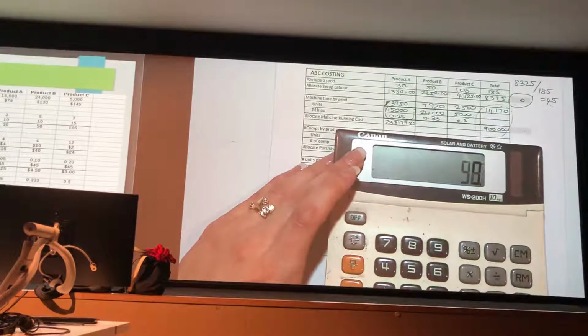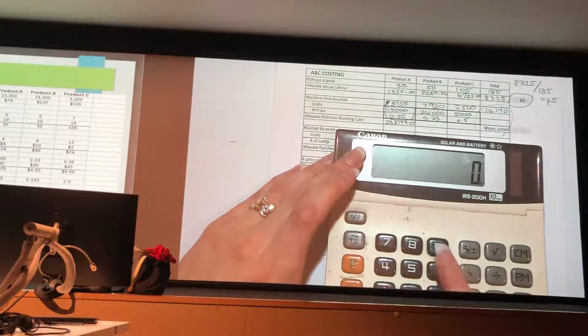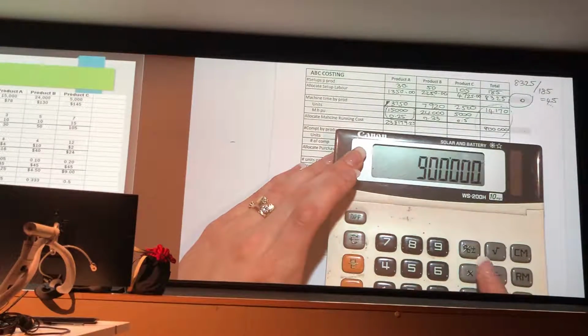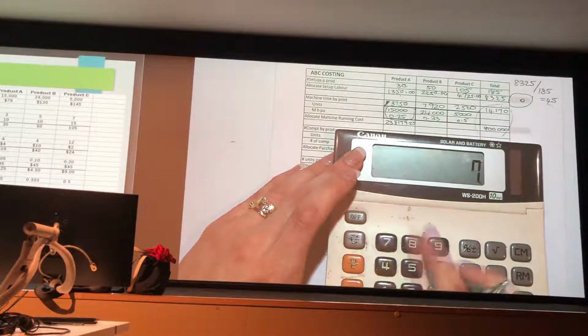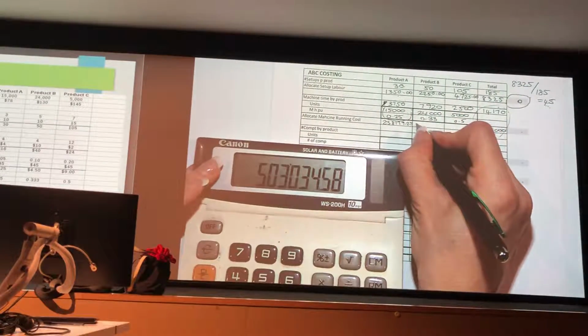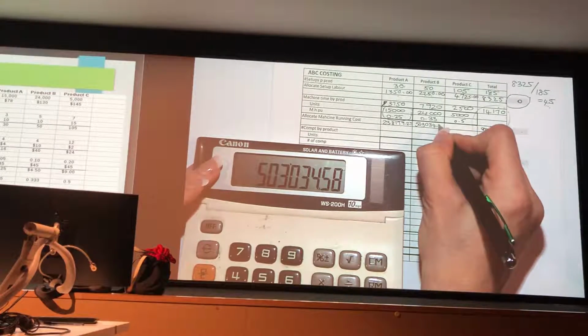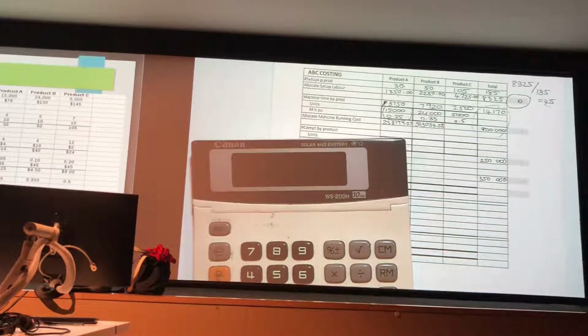And then we would do the calculation again because we obviously need the full number: 900,000 divided by 14170 times 7920, and now our number is 503,034.58. Do the last one.